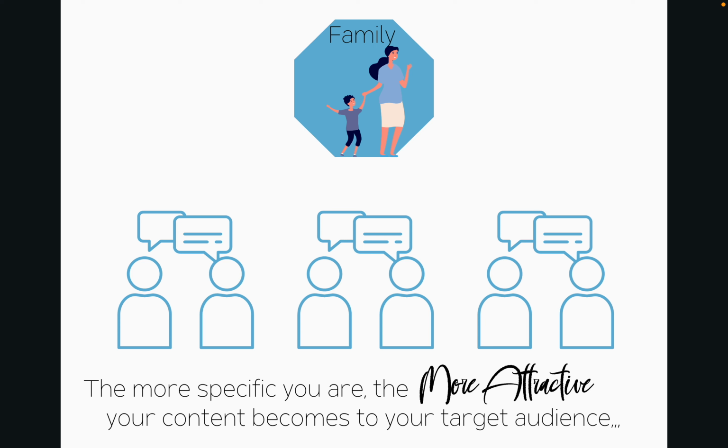The more specific you are about the type of family you have, the more attractive your content becomes to your target audience. So if you are a single parent, the more content you put out there about being a single parent, the more single parents you will attract and your audience will grow. Same as if you're a boy mom or a mother of twins, then those people will start becoming attracted to your posts and your engagement will grow.